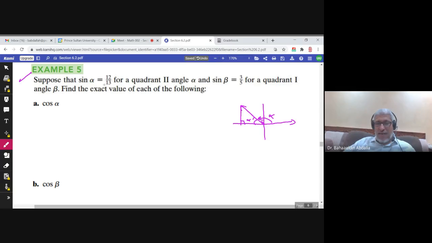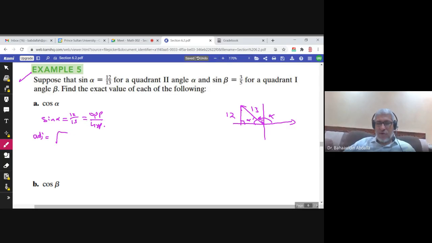All right. Now, what do we know? We know that sine alpha is 12 over 13. What is sine? It is opposite over hypotenuse. So what is the opposite? 12. What is the hypotenuse? 13. We need to find the adjacent. How to find the adjacent?